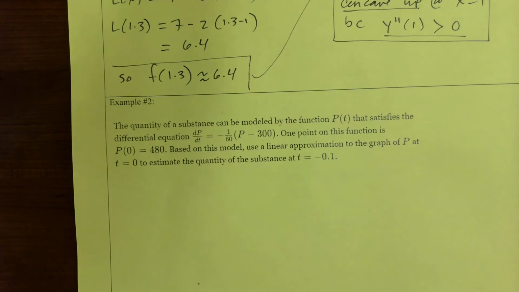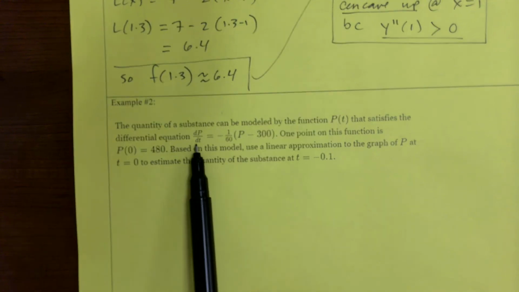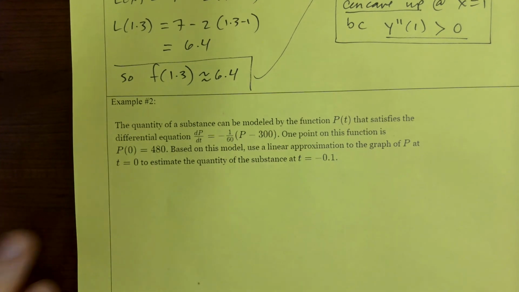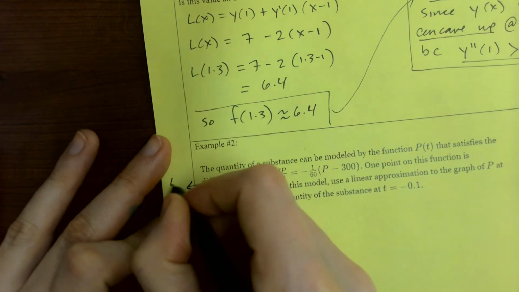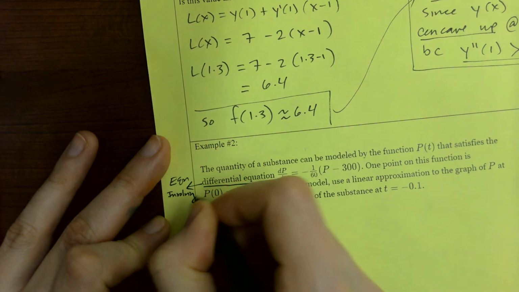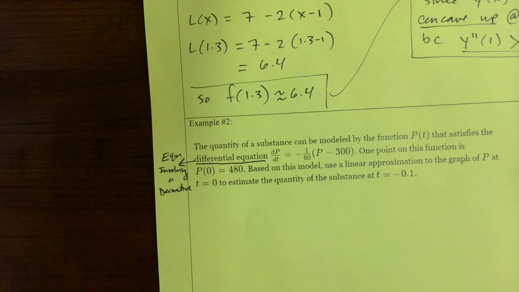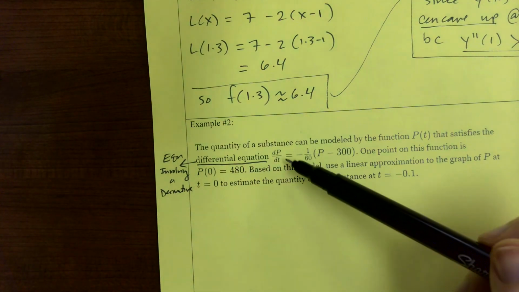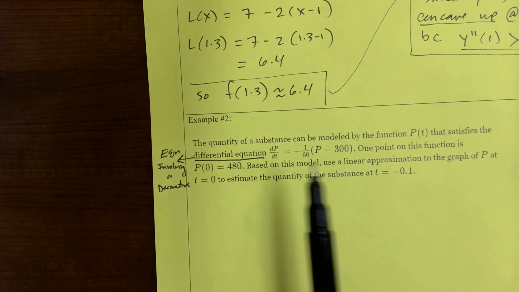Okay, let me be fast on this one. The quantity of a substance can be modeled by this function P of t that satisfies the differential equation right there. Guys, a differential equation is just an equation involving a derivative. It involves this derivative of p, dP/dt, which is the same as p prime.